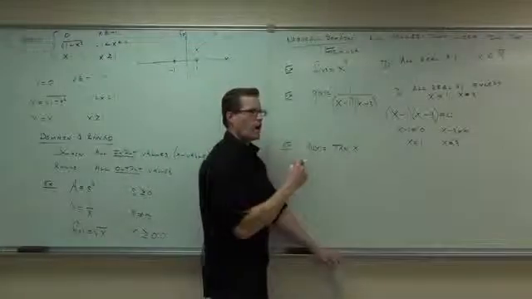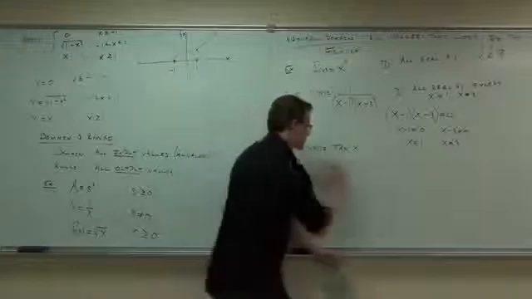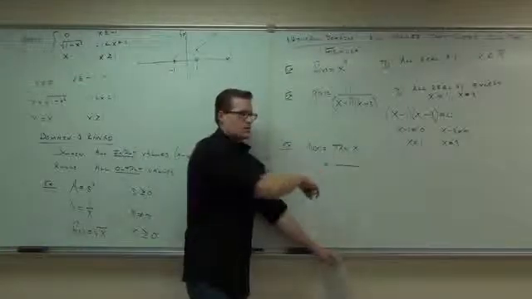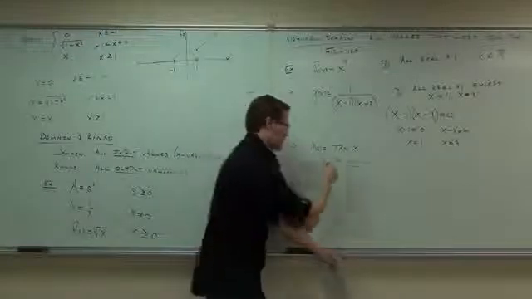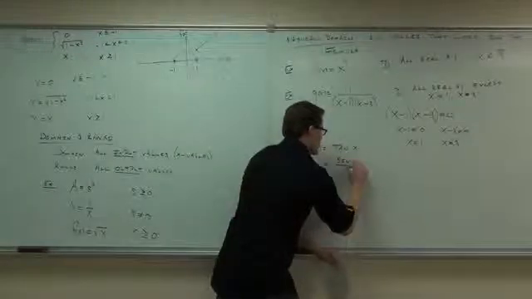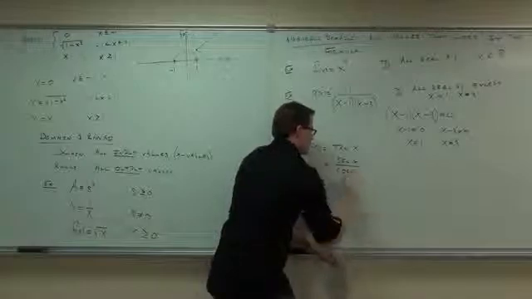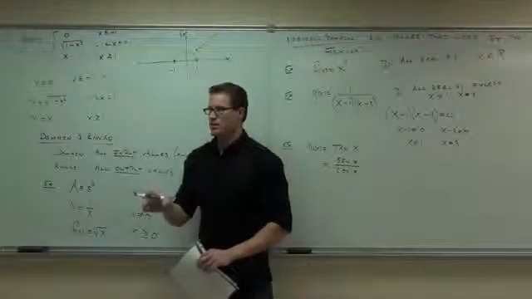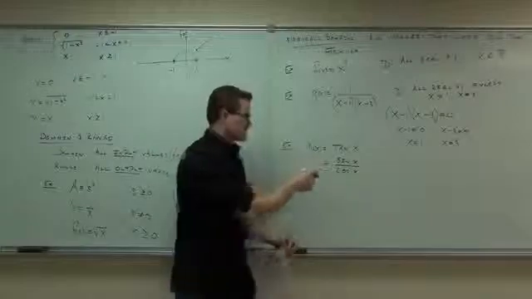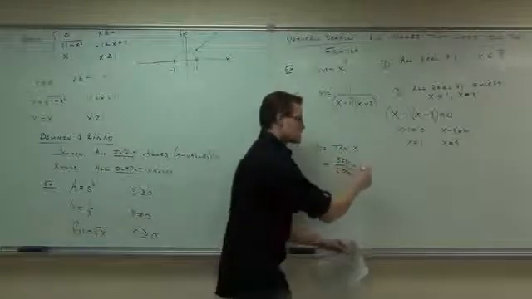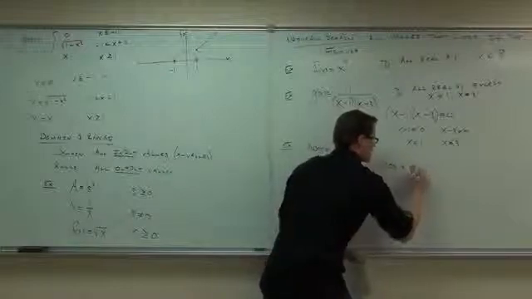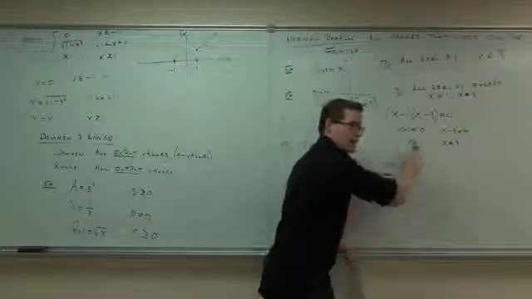Sure, it's undefined. Why is it undefined at certain points? You remember how I just told you how functions aren't defined if they have denominators where those denominators equal 0? Well, check it out. If we look at this, tangent is sine over cosine, right? If we set this denominator, I'm going to use the not equal to 0 because we know we should not have that equal to 0.